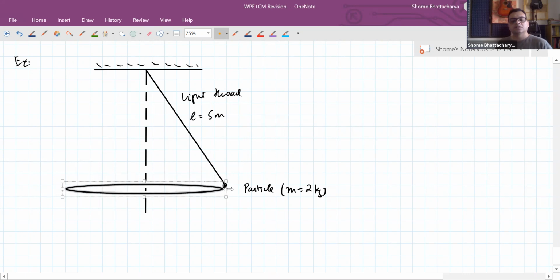In a circular path like this. So it's in a stable circular path with angular speed omega like this.